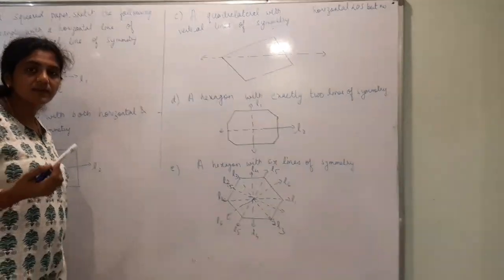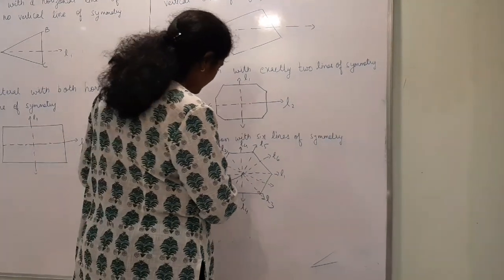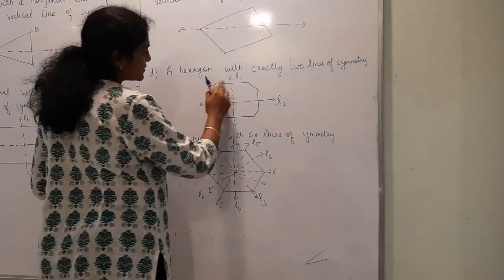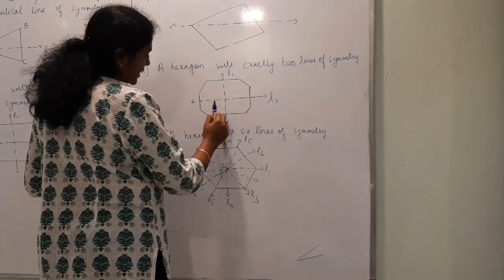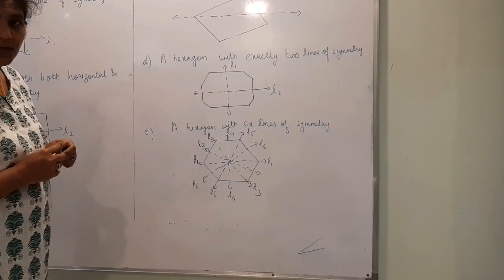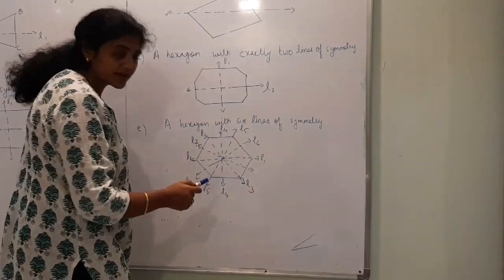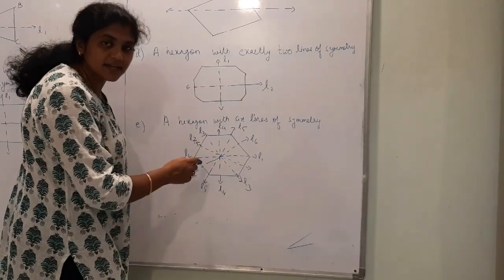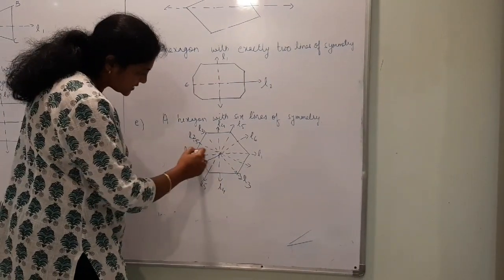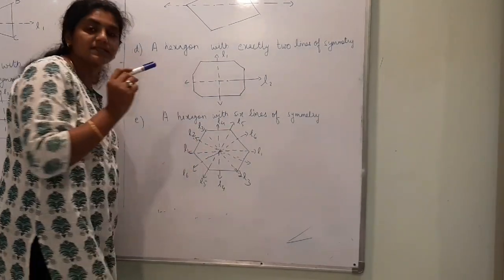Now E is a hexagon with 6 lines of symmetry. So here all the sides are equal, right? As all sides are equal, you can see there can be a vertical line of symmetry in between this and this and this.